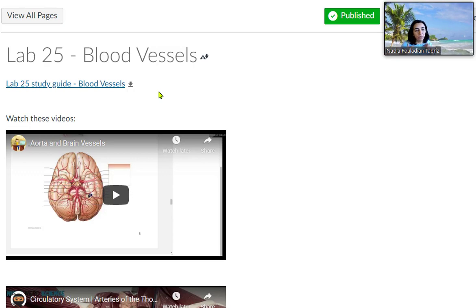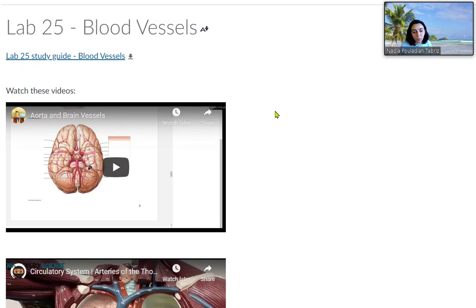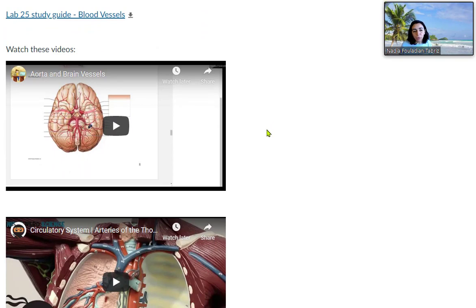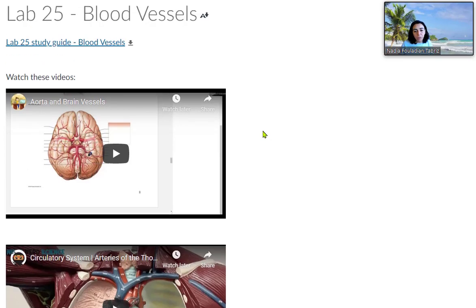For the lab, I tried to put videos to explain each part separately, one by one, and also when you get out of this lab, you will see that I put some PowerPoints for each part of the body, like the artery and vein of the head and neck, or the vessels of the upper limb, all the divisions of the artery and then the veins that are getting back, and the thoracic cavity, abdominal cavity, and the lower limb, right? The same way I put the videos here, the videos I could find.